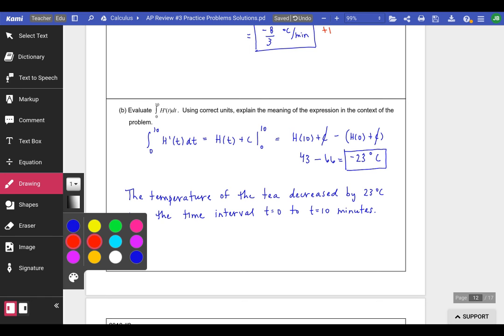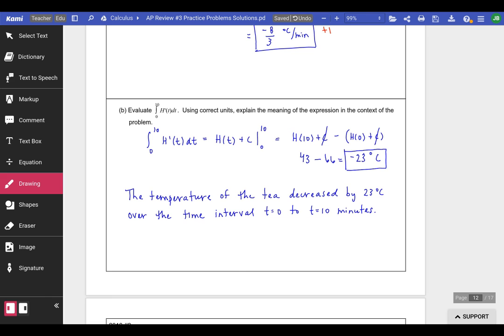And as far as scoring went, they gave 1 point for evaluating the integral and then 1 point for being able to correctly interpret the meaning. All right, that's it.